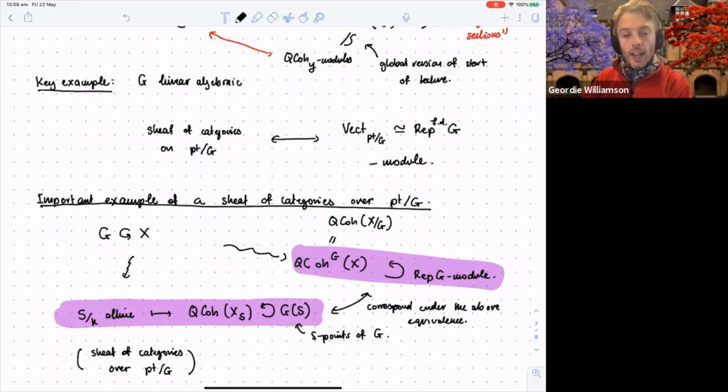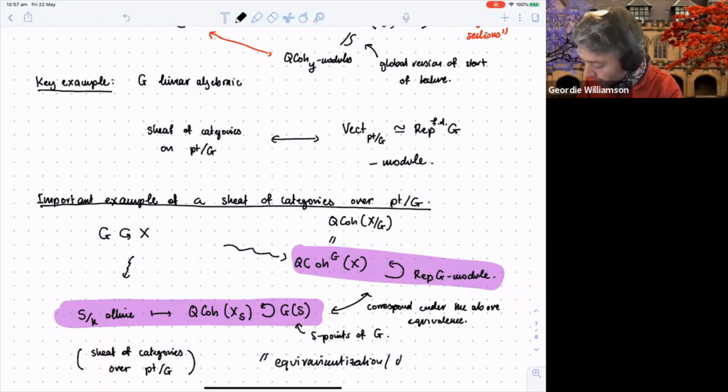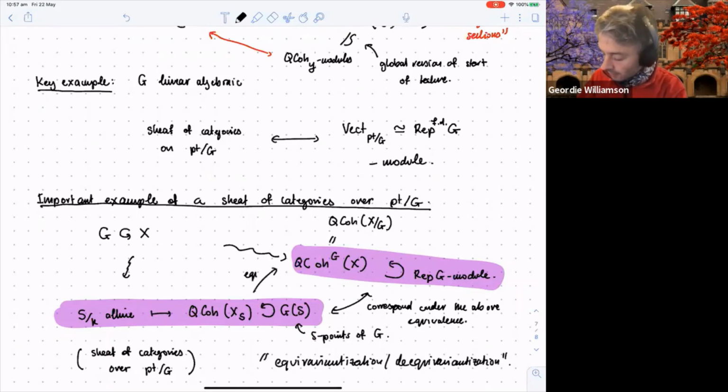And there's a formal way out of equivariant sheaves to recover quasi-coherent sheaves on X. So this is called equivariantization, and this is de-equivariantization.